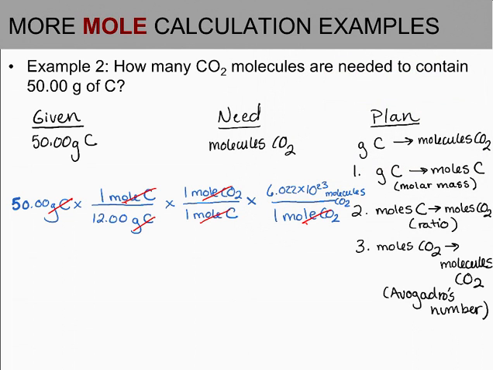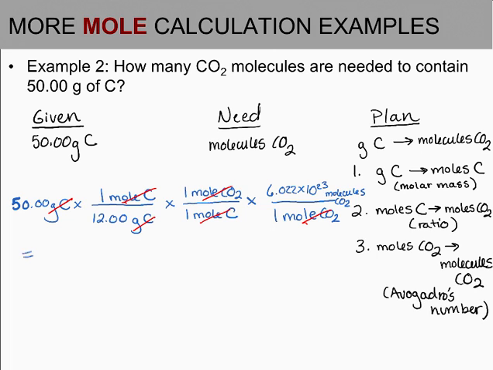Okay, so this is a really long problem, and it might seem a little confusing how I figured out which conversion factors to use, but in a bit we'll go over a flow chart and we'll talk about the path you can follow if you're trying to solve a problem like this.